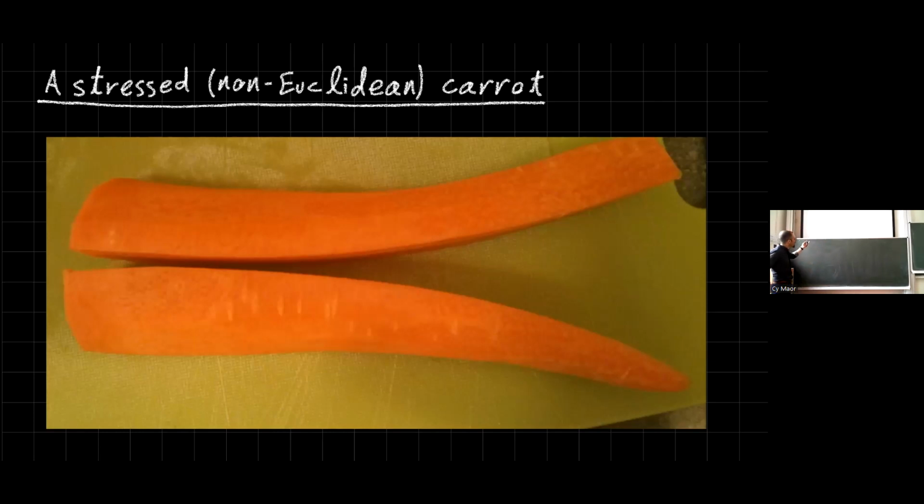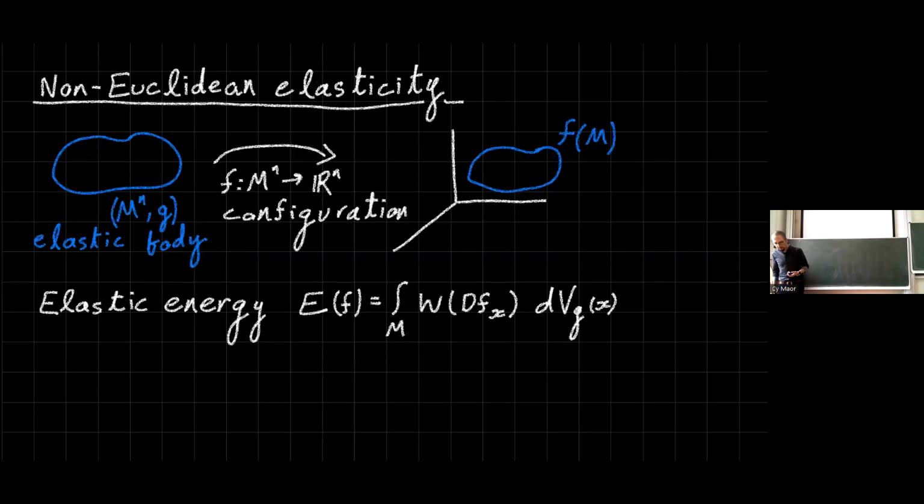So the model that I presented in the previous slides doesn't apply to this. So we need a more general model. So here comes non-Euclidean elasticity, and it's basically the same slide as before, only instead of having some domain in Rn with its regular metric, I have an n-dimensional Riemannian manifold with some Riemannian metric.